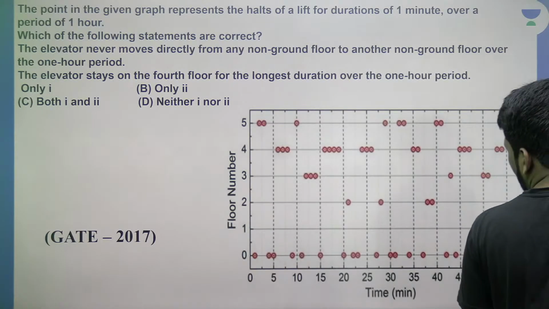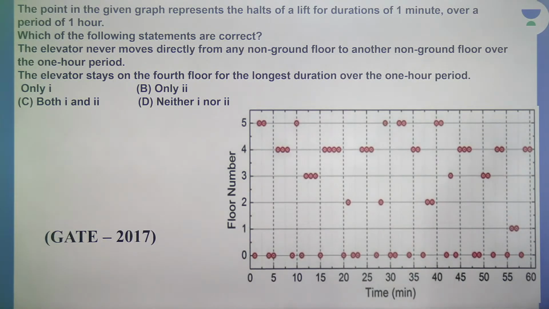Let's see a totally different question, which is totally different from all the previous questions. It's a data interpretation question asked in a GATE exam, which is just to check the given figure, interpret it and answer it. Very good question. Option A is only 1.